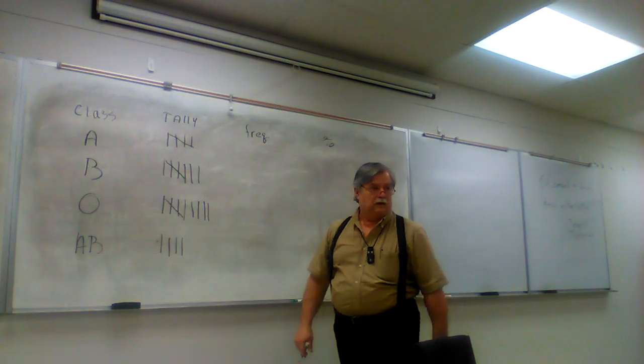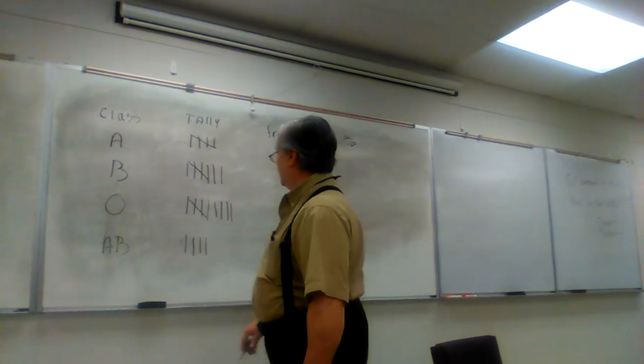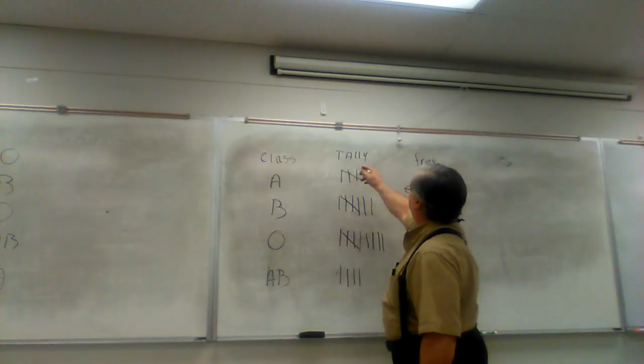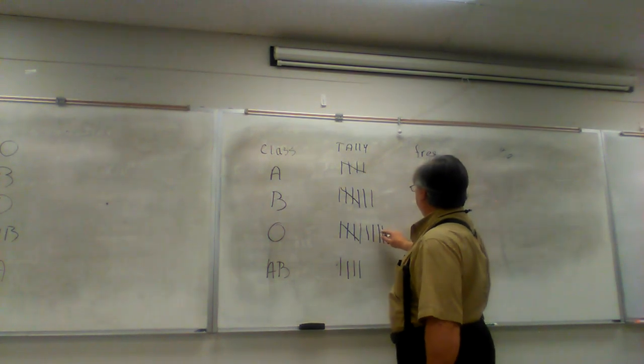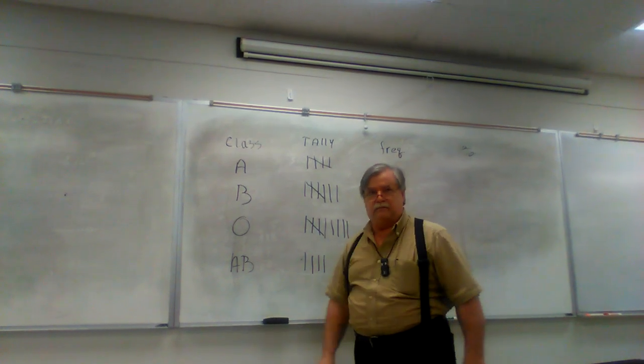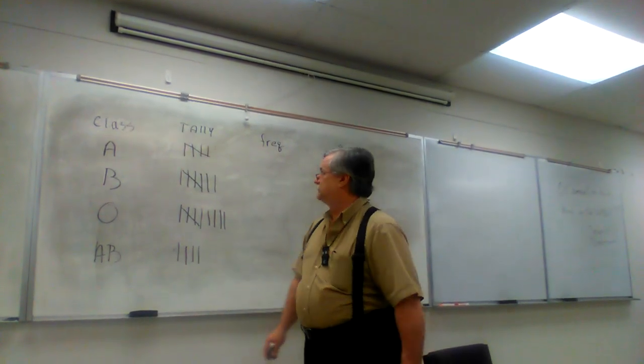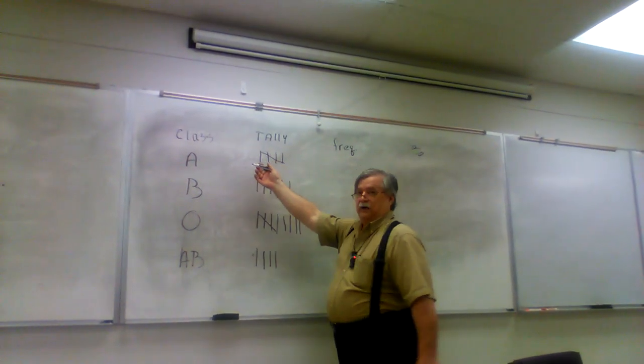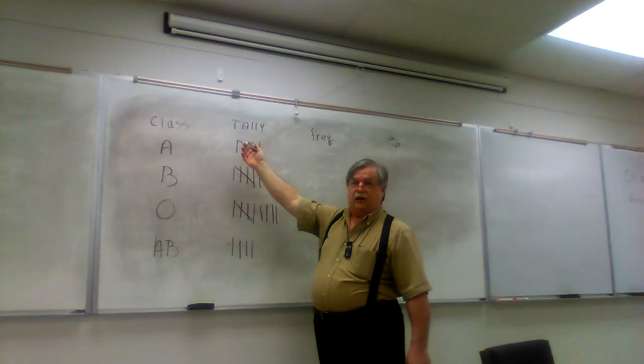That's our tally. Now we should have 25, right? 5, 10, 15, 16, 17, 18, 19, 20, 21, 22, 23, 24, and 25. All right. Now to fill out our frequency column, we count them up.